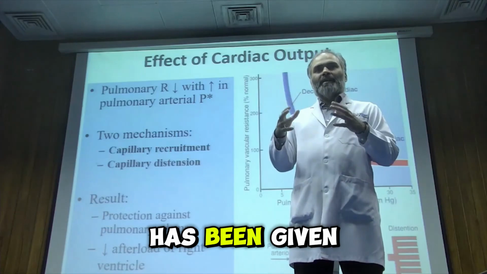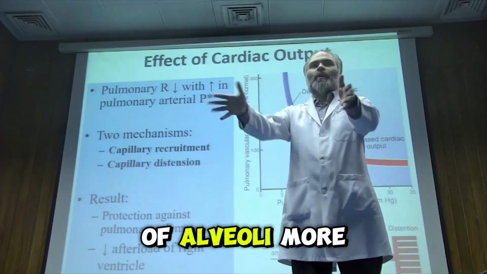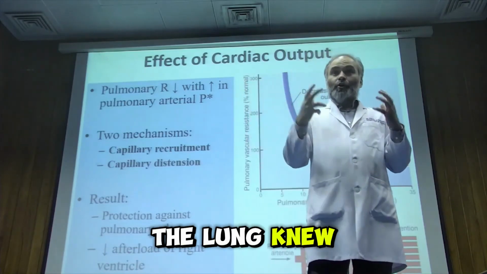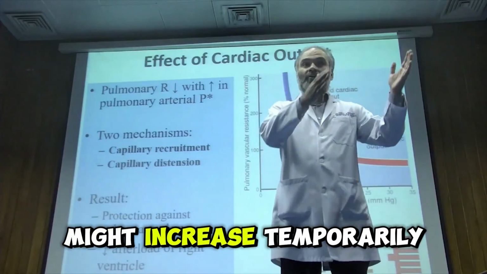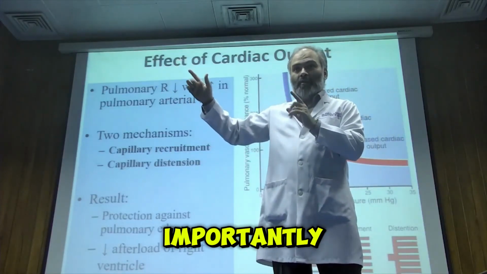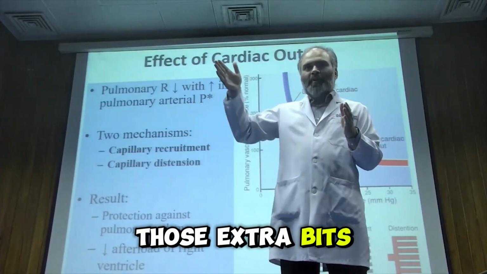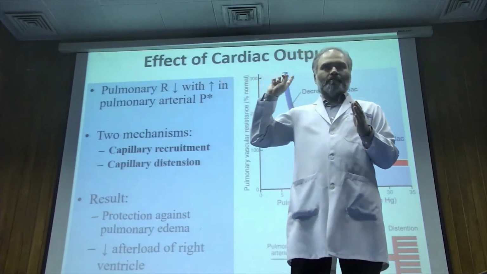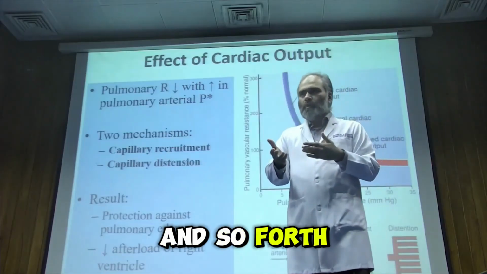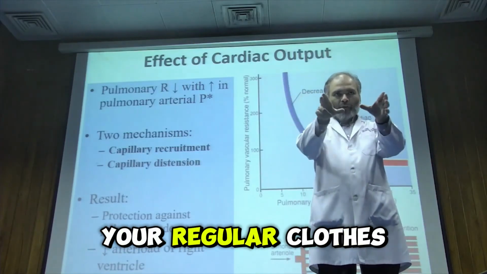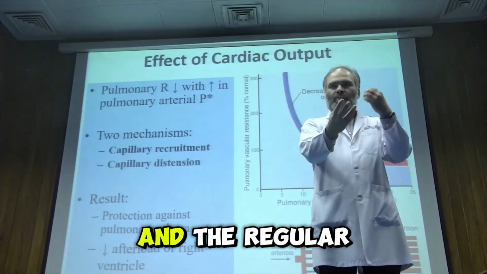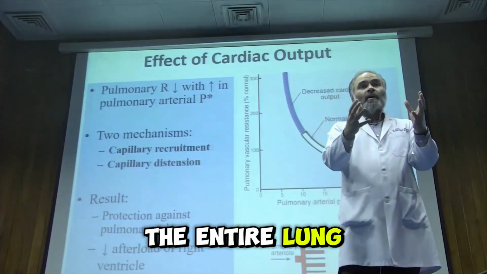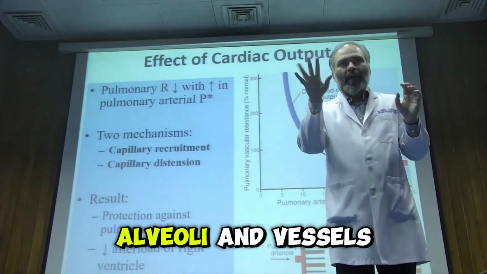The lung has been given lots of vessels, lots and lots of alveoli, more than what is required at rest, because whoever made the lung knew that your need might increase temporarily, but then would come back to rest. So those extra vessels and alveoli are only opened when you need them, as in exercise and so on. But normally you are working with your regular clothes, the regular number of alveoli and the regular number of vessels that are supplying those open alveoli. So the entire lung is not open all the time in terms of alveoli and vessels.